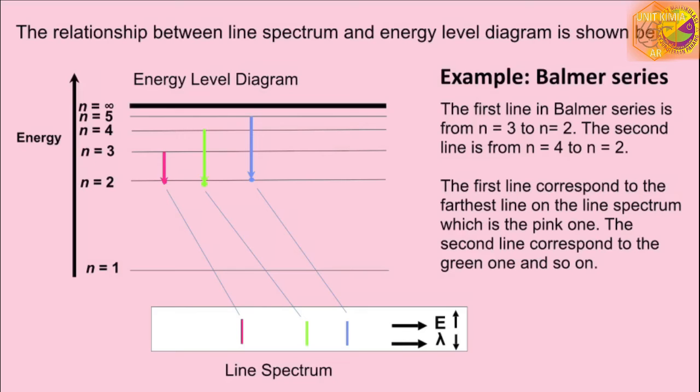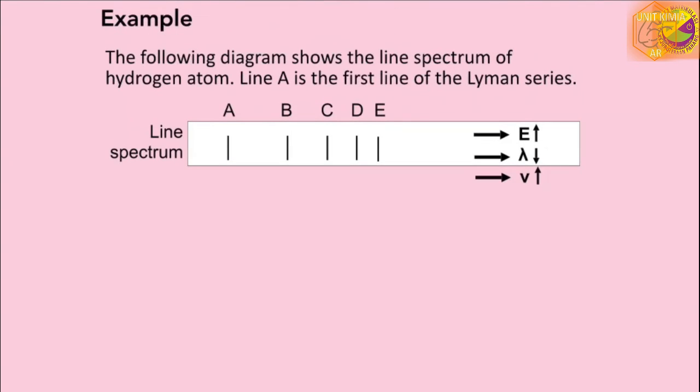Here is another fact you must know. As the lines in the line spectrum get closer to each other, the energy will increase and the wavelength will decrease. Example. The following diagram shows the line spectrum of hydrogen atom.